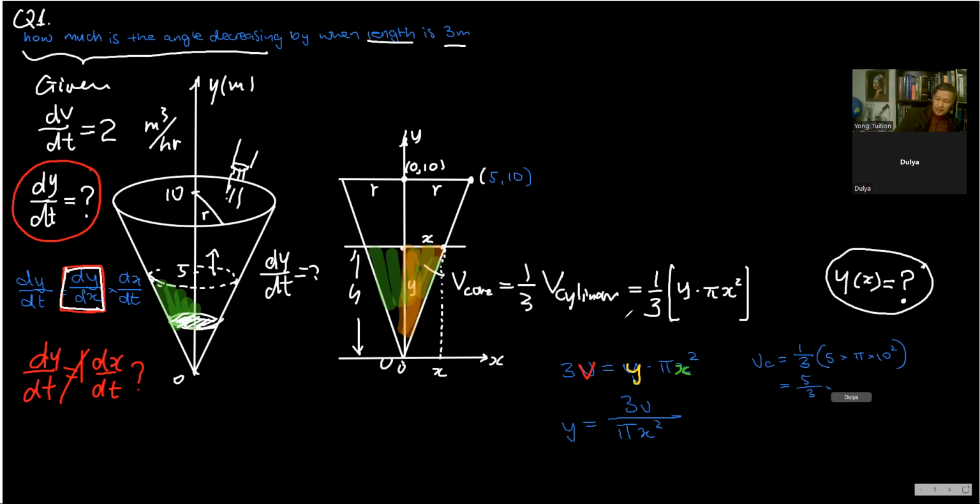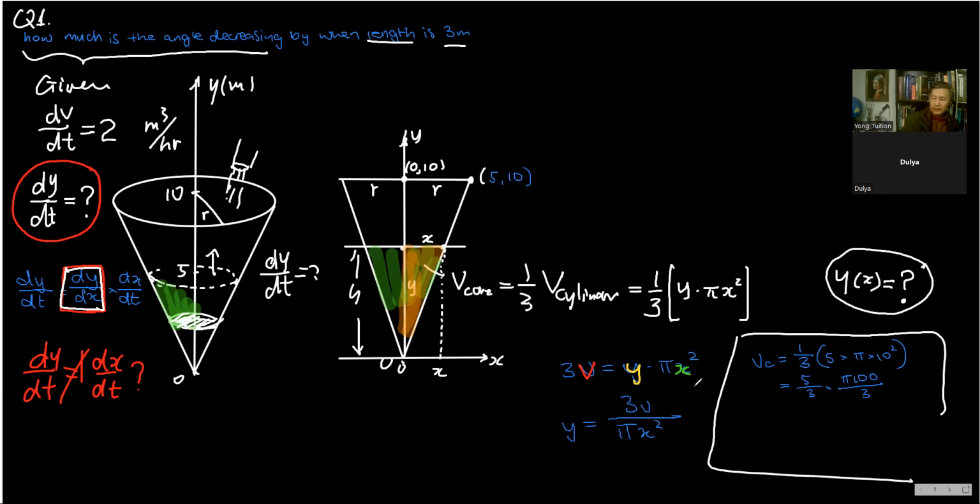Pi 10 squared. Do we have to use this number? I think so. I don't know how to get rid of the volume. Otherwise, no, the volume is constant. The total volume is different.